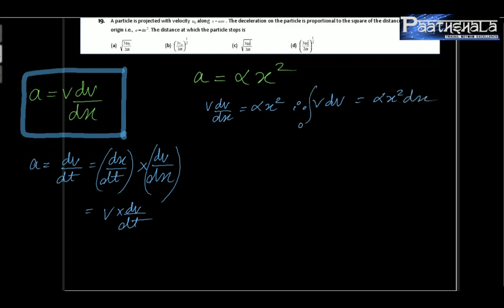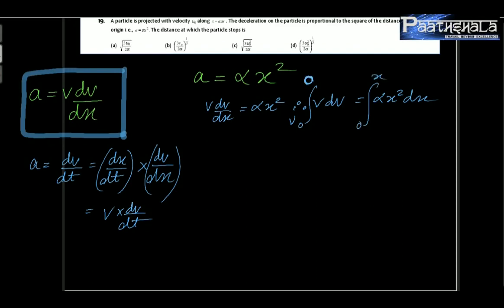Integrating this, the particle is initially projected with velocity v0, it's not 0, it's v0, along the x-axis, and x is the distance at which the particle stops. So the final velocity is 0. Integrating this from v0 to 0, and this is 0 to x, those are the limits of integration.